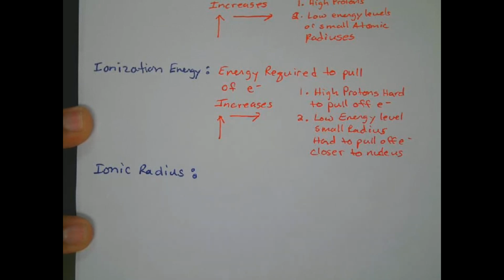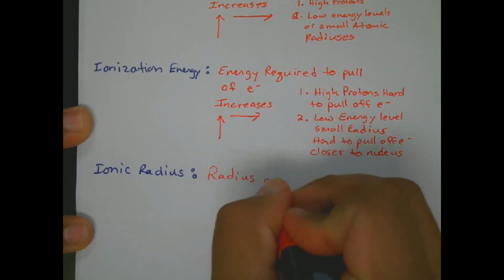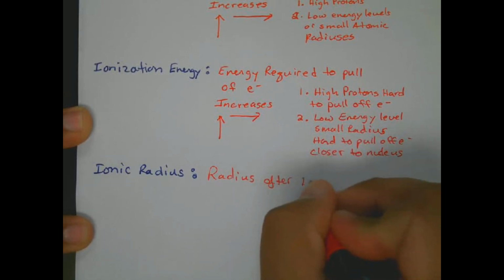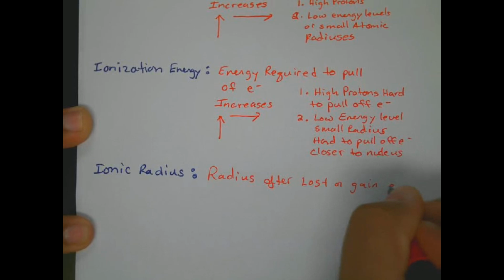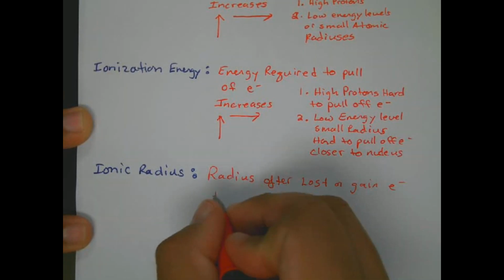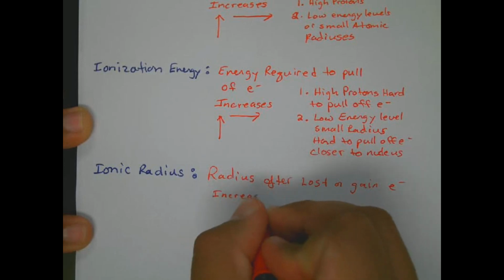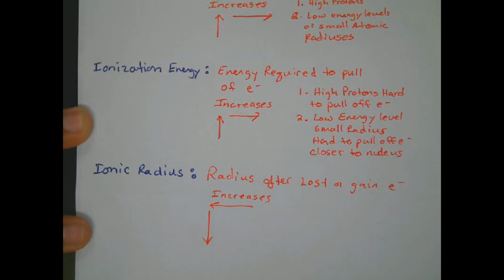And all ionic radius means is it's the radius after you have lost or gained an electron from the neutral atom. So the trend here is it's the same as atomic radius. It increases as you go right on the periodic table and down on the periodic table.